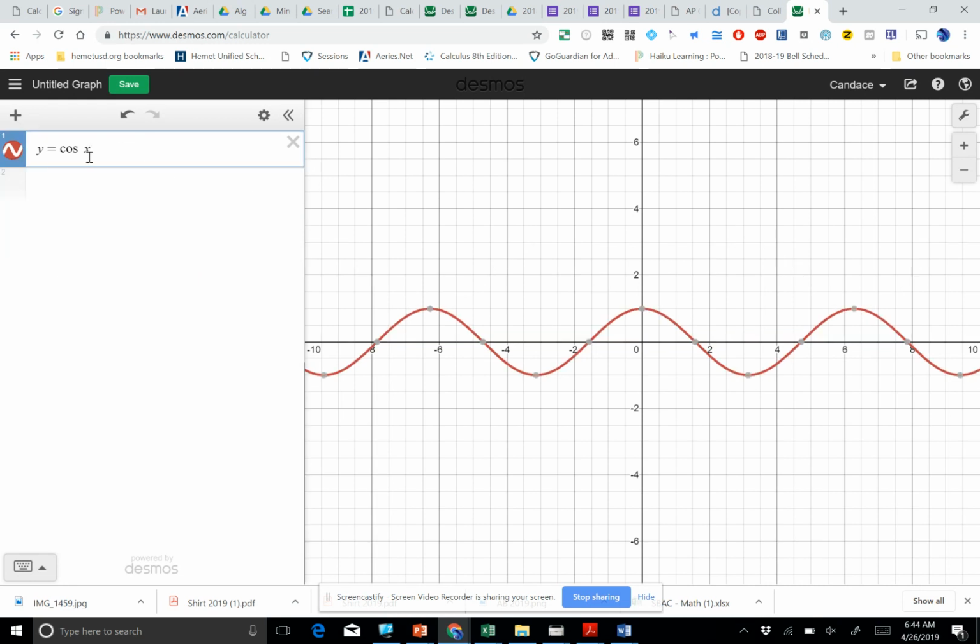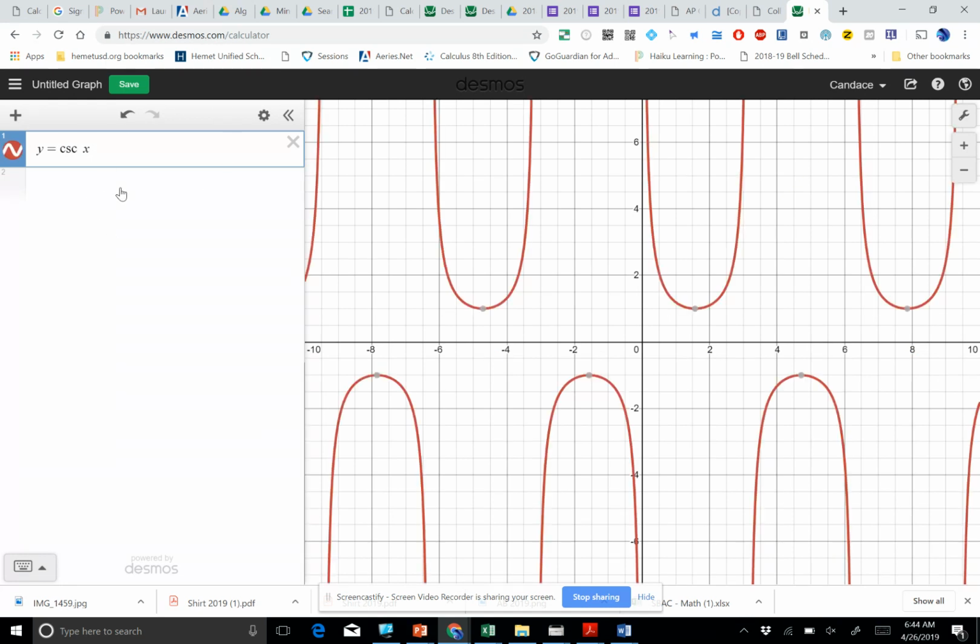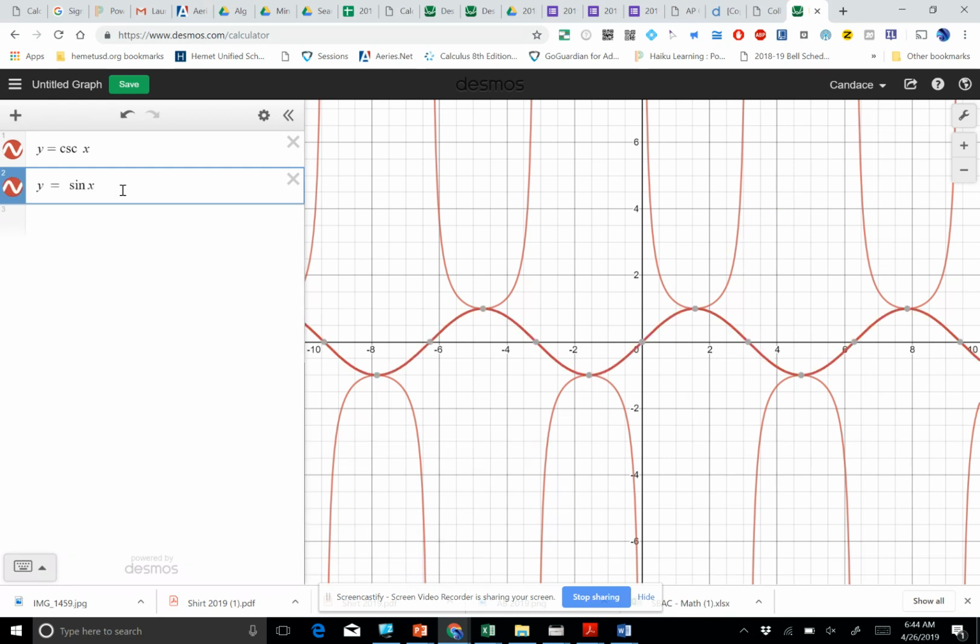Then there was cosecant and secant. So we know that cosecant is the reciprocal of sine. So if I was graphing this by hand, I would actually draw a sine graph and I would flip these u's. But we know that there's places on the unit circle where cosecant is undefined.